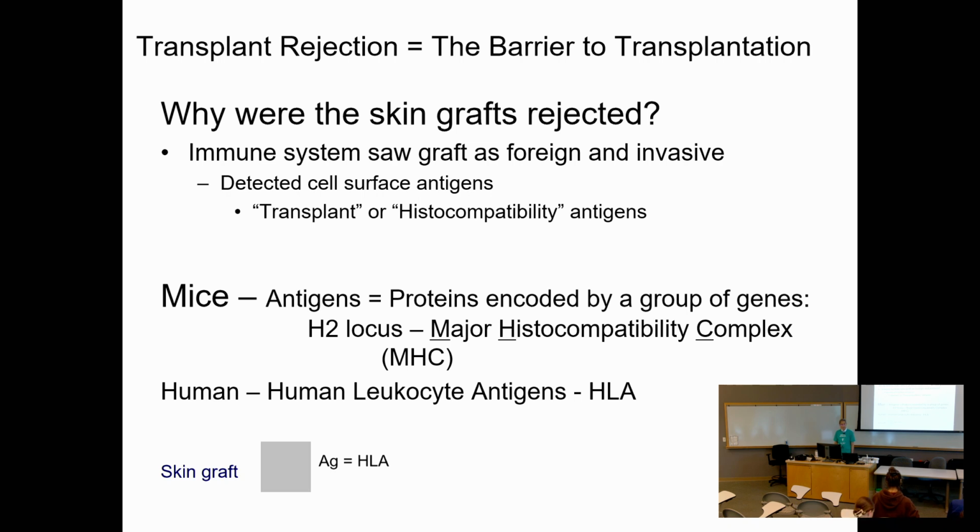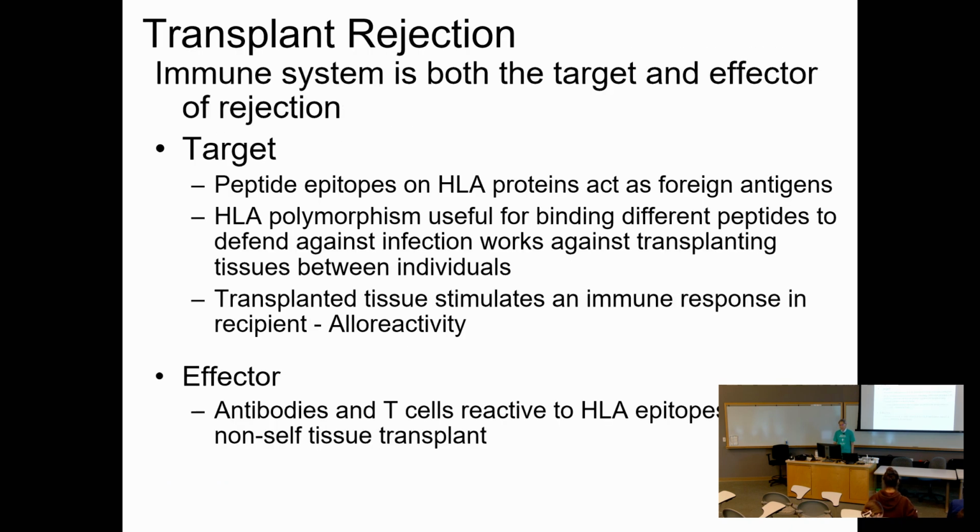In humans, this worked out to be the HLA system. So for human skin grafts, the transplant antigens that cause rejection are these HLA antigens. And we talked about what they were.